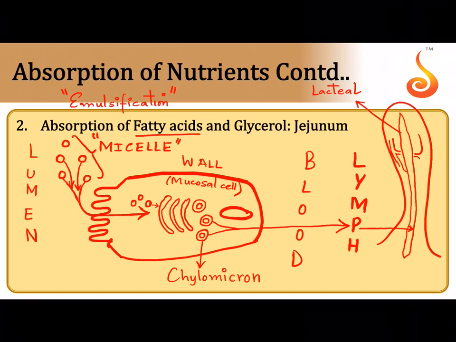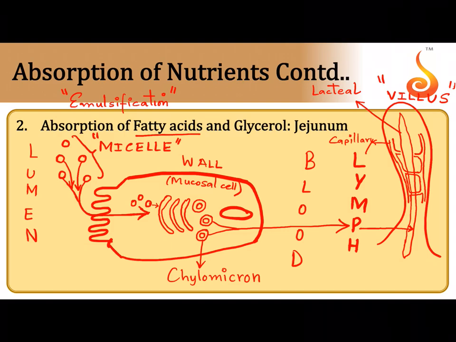The capillary network does not absorb the fat substances. So please remember, the fat substances are not absorbed into the blood capillary. What I'm showing you here is the blood capillary system. So around the lacteal you will find the capillary system in the finger-like projection of your small intestine. I have shown one finger-like structure, so I'm calling it villus.